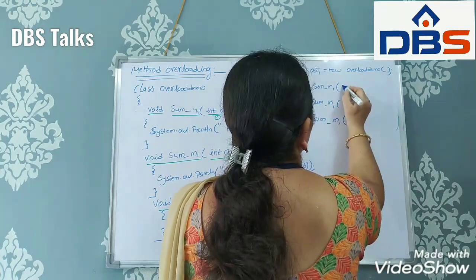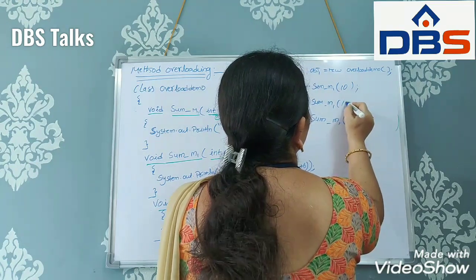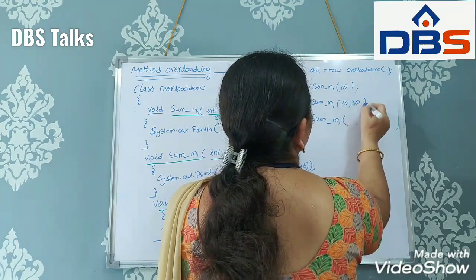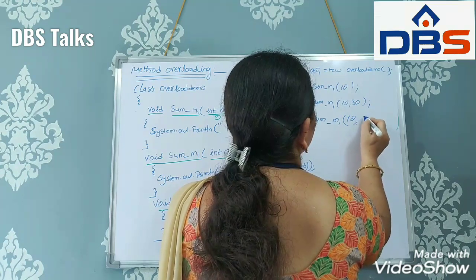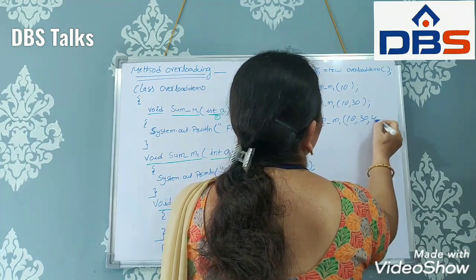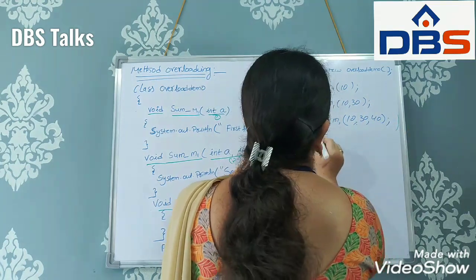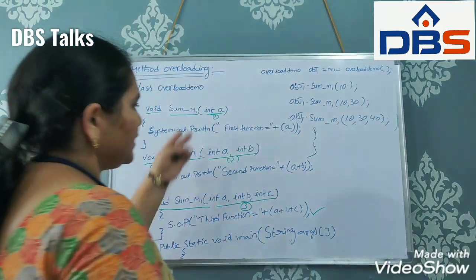Here I need to give 10, 30 and 10, 30, 40. For example, I am giving like this. So this is our program.